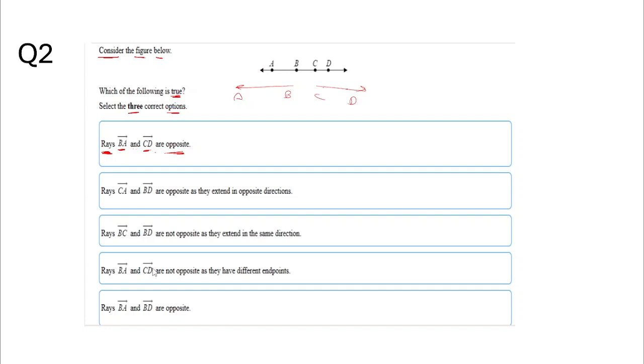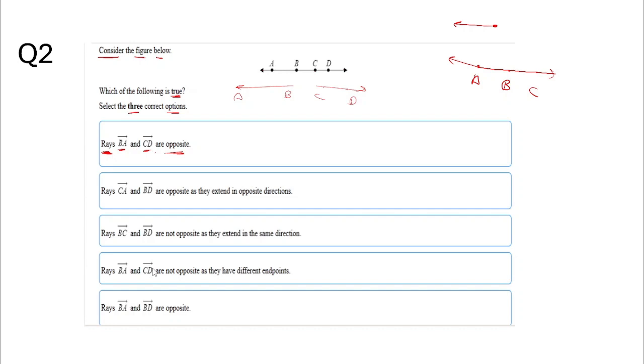For example, if I have this line, I have point A, point B, and point C, this way. What does it mean about the ray? The ray means it starts with a point and moves forward like this.